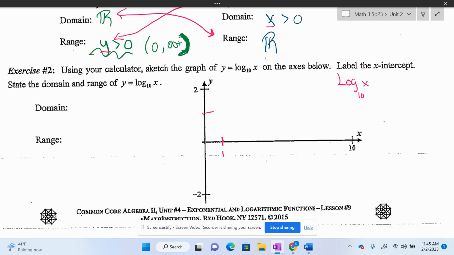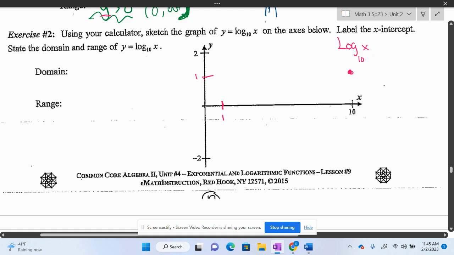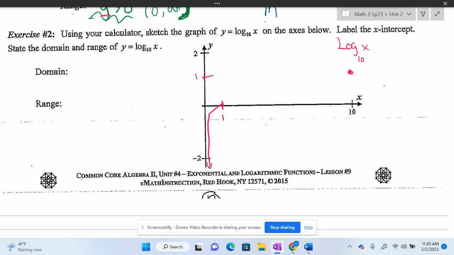You do have that. Okay. So after 1, in between 0 and 1, those numbers just go really, really tiny negative. Like they just blow up to the negative, right? Like this. And then I kind of go through here and then it looks something like that.